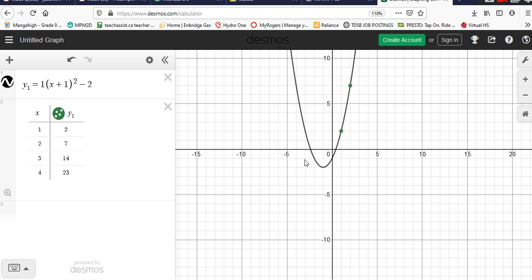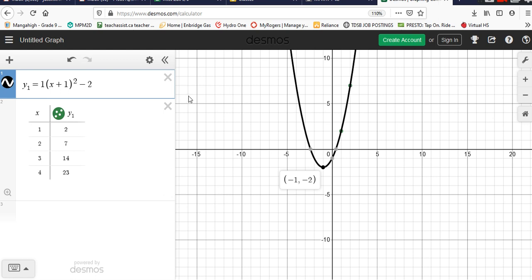Negative 1, negative 2. The 1, 3, 5 pattern still holds because my A value is 1. Over 1, up 1. Yep. Over 1, up 3. Yep. Over 1, up 5. The 1, 3, 5 pattern holds true.